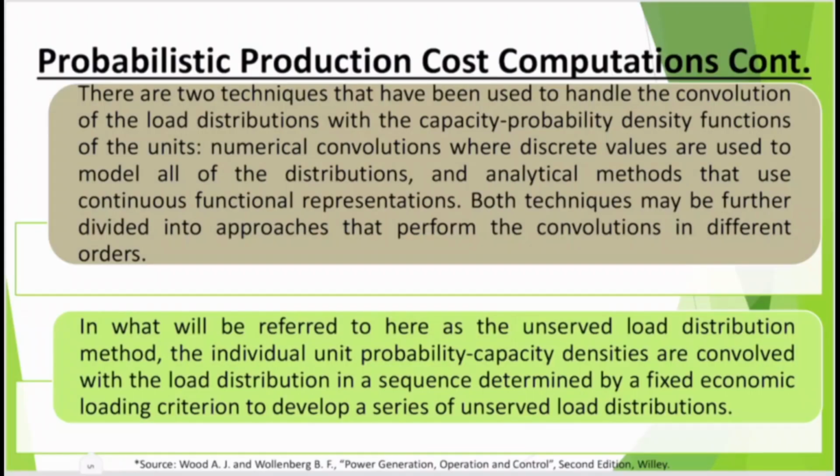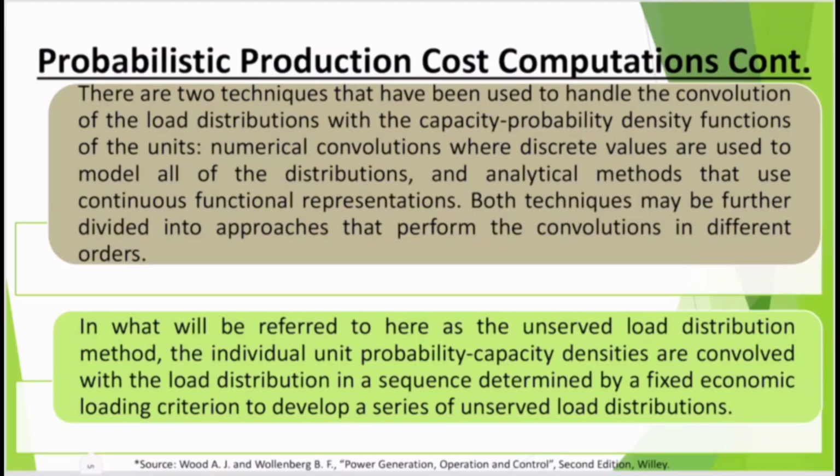In what will be referred to here as the unserved load distribution method, the individual unit capacity probability densities are convolved with the load distribution in a sequence determined by a fixed economic loading criterion to develop a series of unserved load distributions.